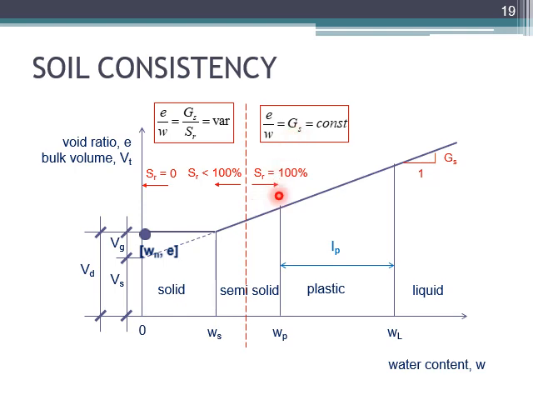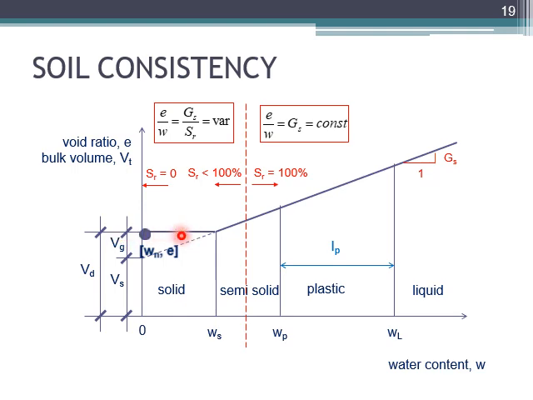If the soil stops being fully saturated from some point on, so let's assume that from this value of the water content, the soil is no longer fully saturated, our saturation ratio will become smaller than 100%, and we'll observe that the volume of the specimen, or its void ratio, will stop changing.